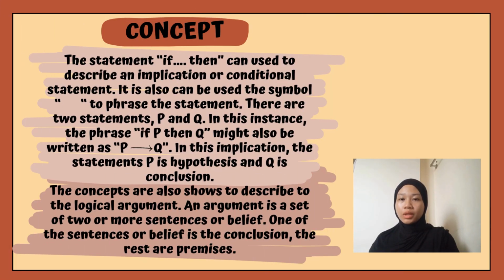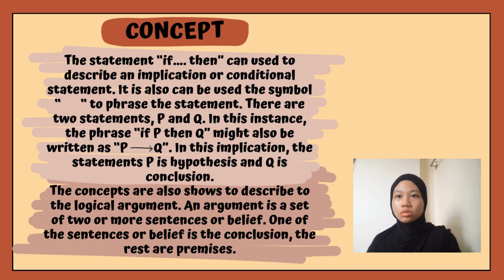For the concept, the statement if then can be used to describe an implication or conditional statement. It can also be used with the symbol single arrow to express the statement. There are two statements P and Q. In this instance, the phrase if P then Q might also be written as P implies Q. In this implication, the statement P is the hypothesis and Q is the conclusion.